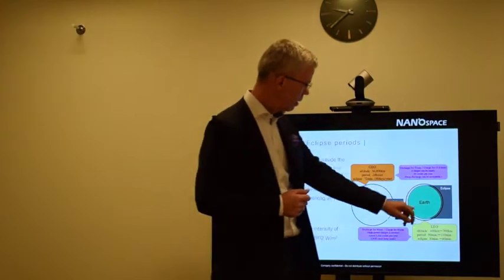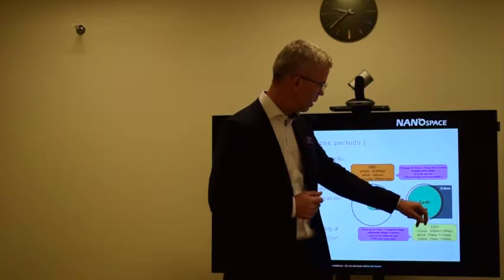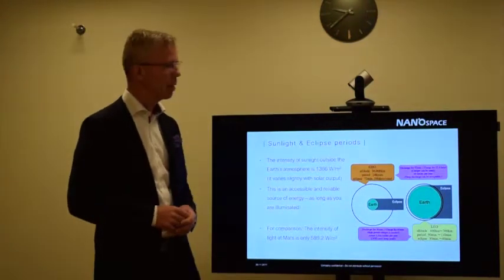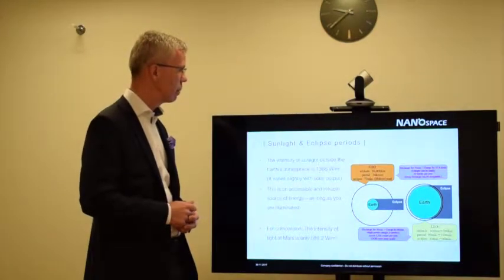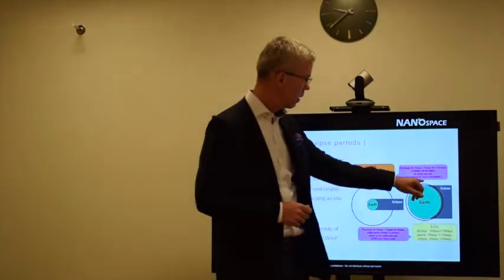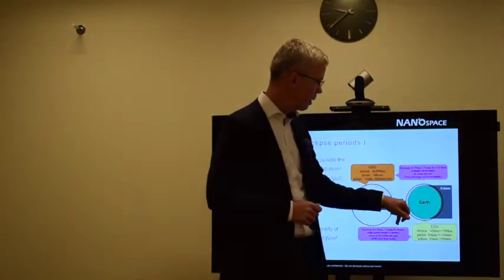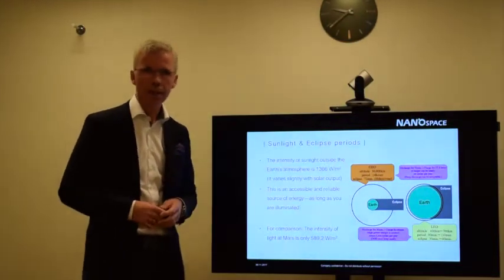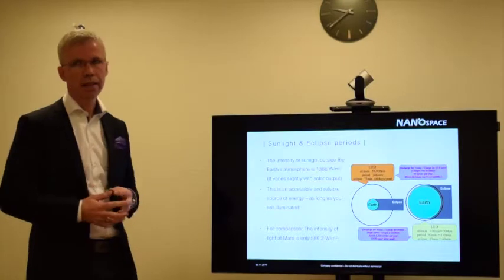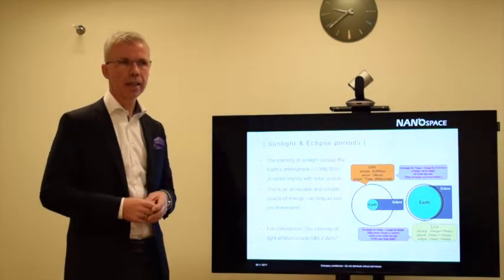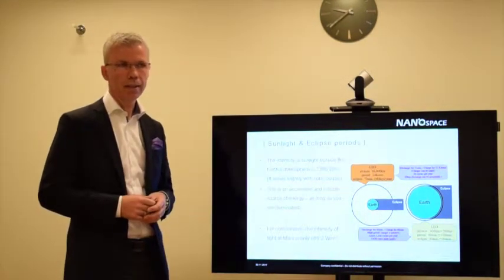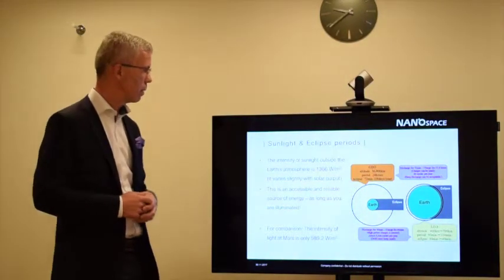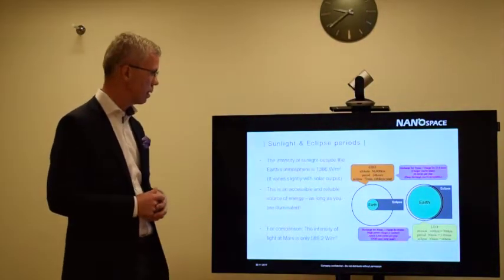And in low Earth orbit, it's a larger fraction of the orbit that is in eclipse. And since the orbit period here is typically 2 hours, the number of eclipse passages is much higher compared to the geostationary satellite.